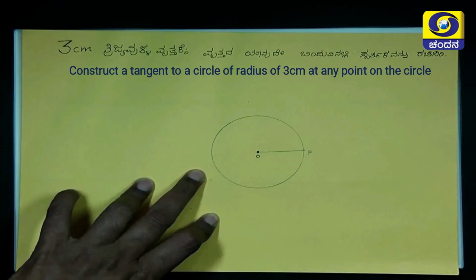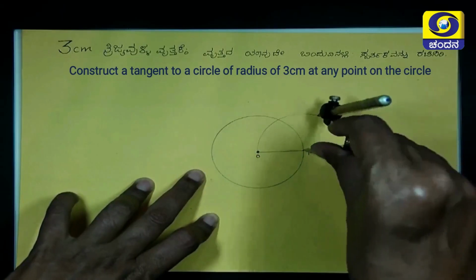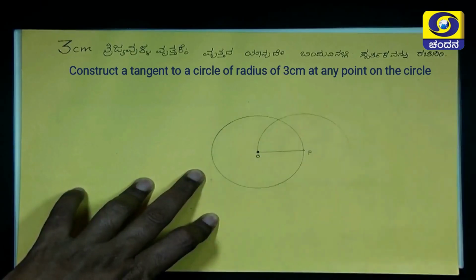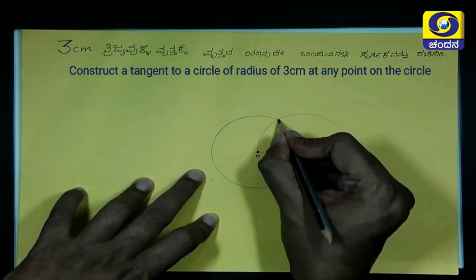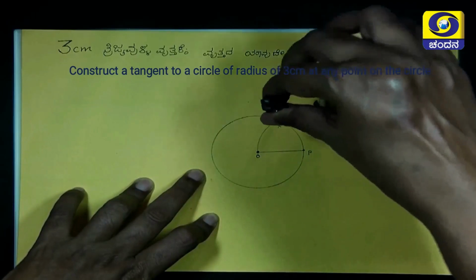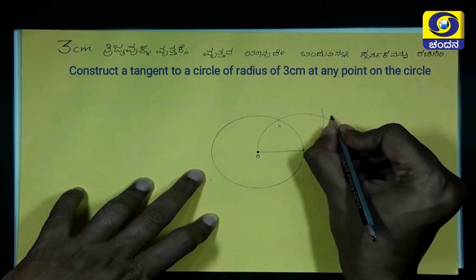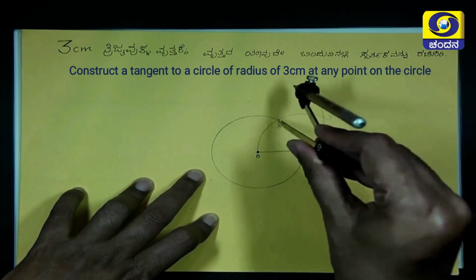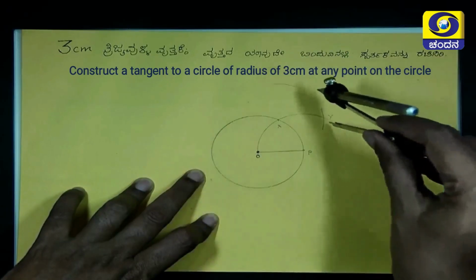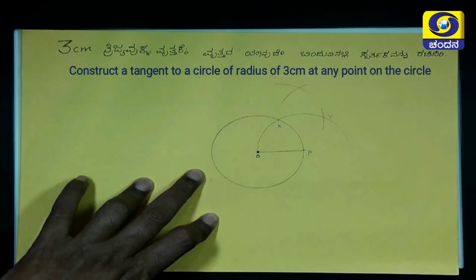This semicircle intersects the circle of radius 3 cm at point X. Now, without changing the radius, with center X, I am going to intersect the semicircle at Y. Now, without changing the radius, with center X and with center Y, I am going to draw two arcs such that the two arcs intersect each other at point Q. Now, join P and Q with the help of a line segment.